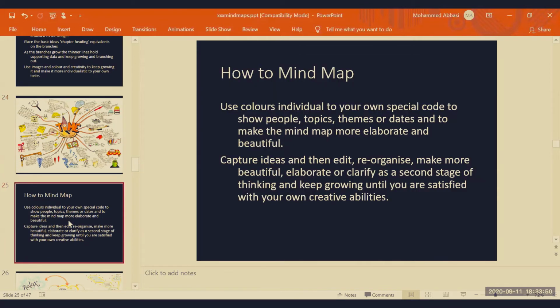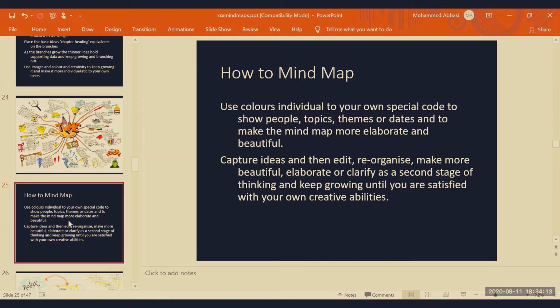So again, using individual colors and your own special code to show people topics, themes, or dates. Everything you do in a mind map needs to come from within you and from outside of you. And by putting out the mind map, you're making it your own.